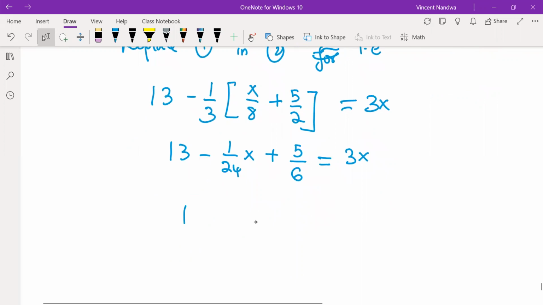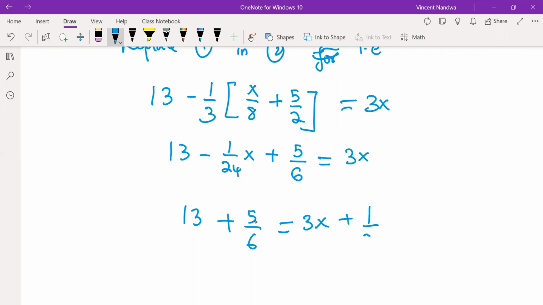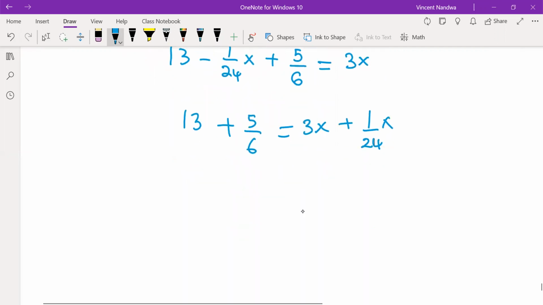Collect like terms: 13 plus 5 over 6 equals 3x plus 1 over 24 x. 3 plus 1 over 24 is 73 over 24. 13 plus 5 over 6 is 83.